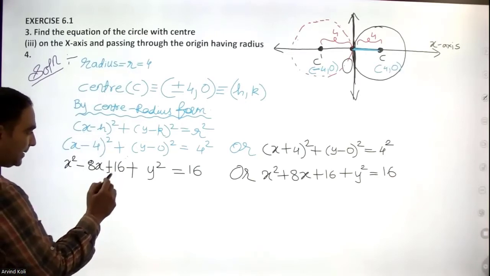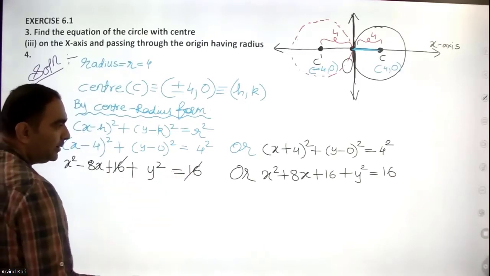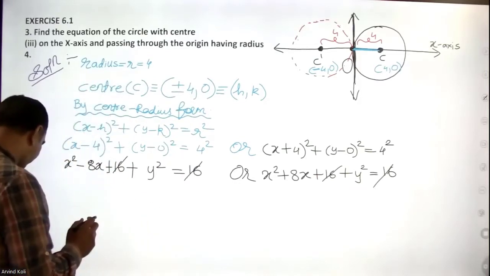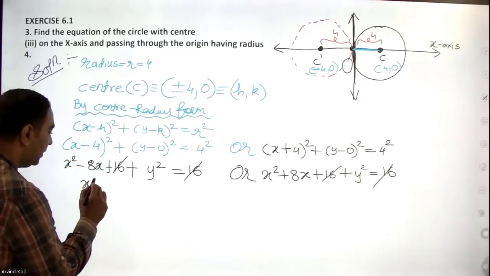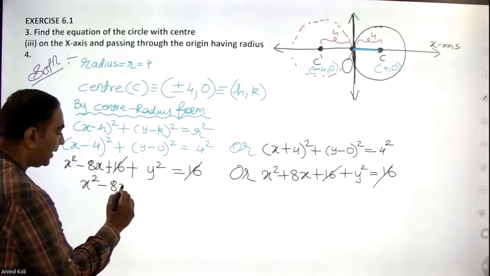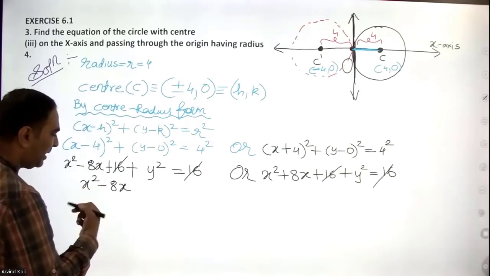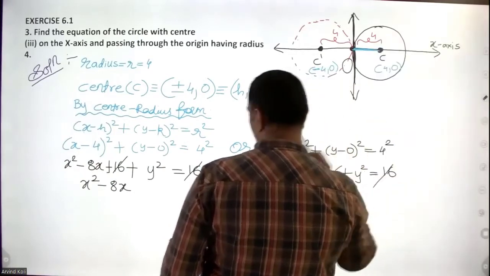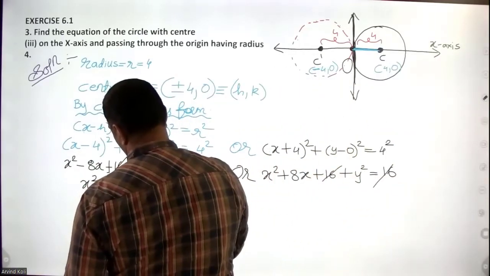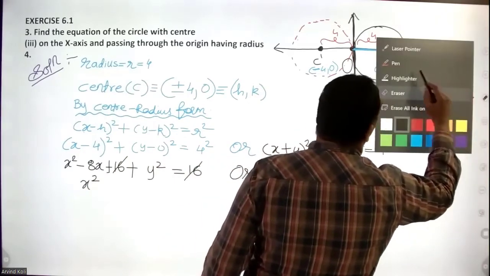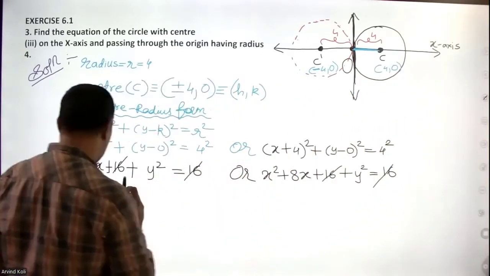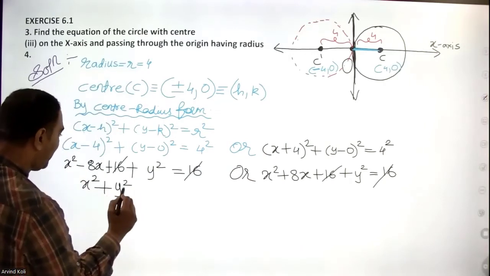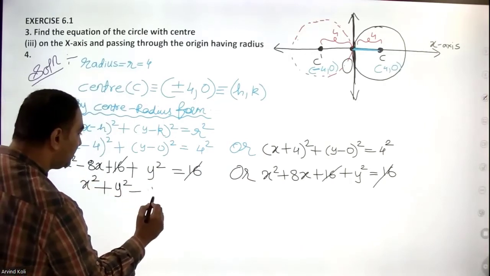नाउ यहाँ पे ये 16s will get cancelled. Same way यहाँ पे भी this 16s will get cancelled. So what are we left with? We are left with x square minus 8x, x square plus y square लिखना चाहिए. ठीक है. x square plus y square minus 8x.